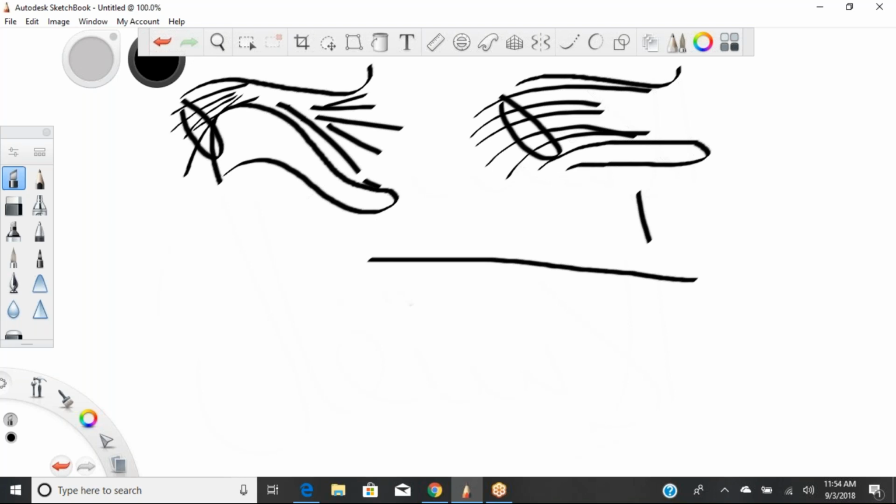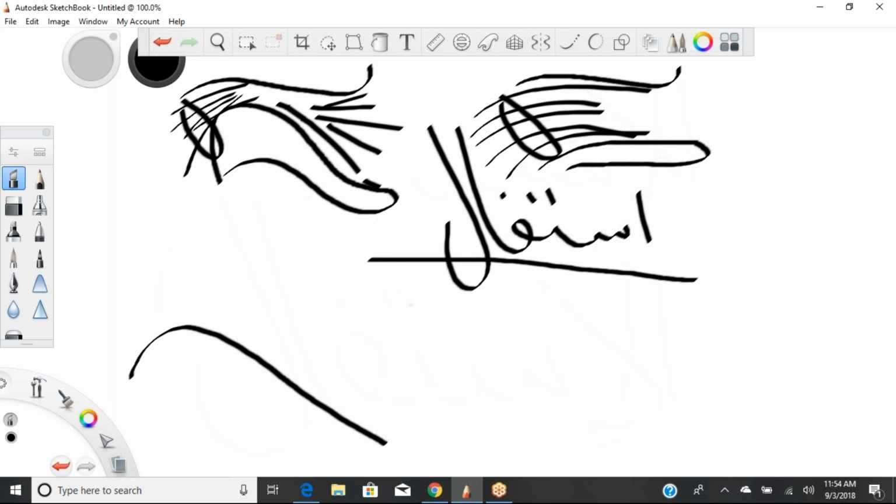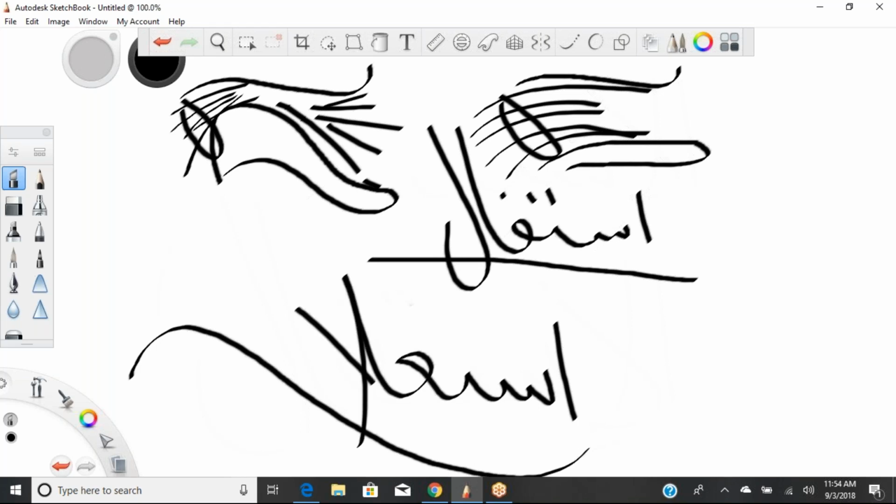This is your tongue and it's istifal. This is your tongue and it's isti'la.